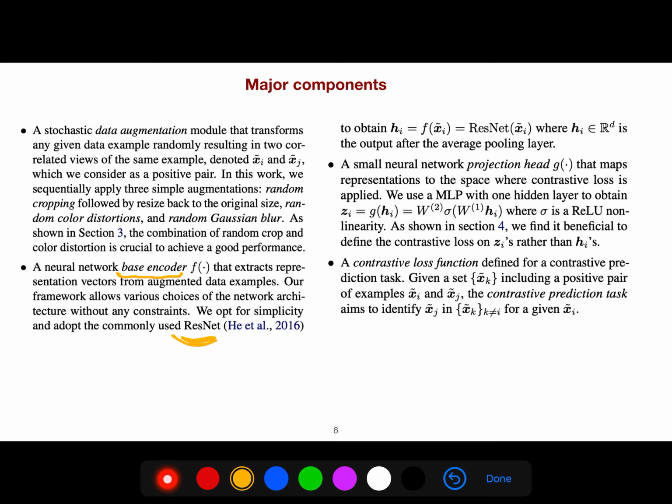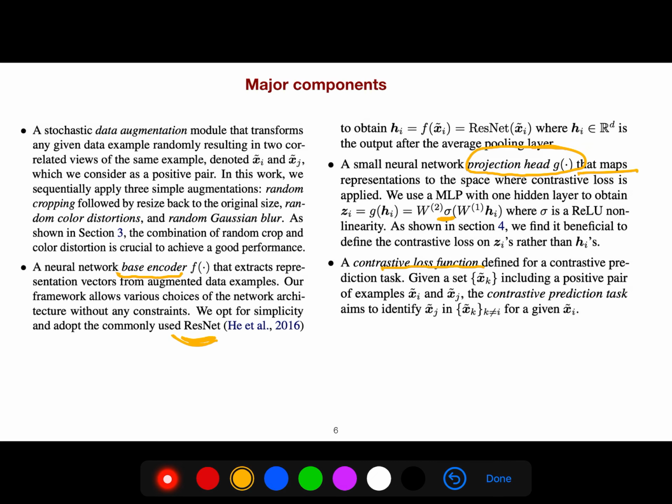It also has a small network, a projection head, which maps the representation to the space where contrastive loss is applied, and they use a multi-layer perceptron with one hidden layer to obtain z, with a ReLU activation, which is a nonlinear activation function, and a contrastive loss function defined finally for the contrastive prediction task.